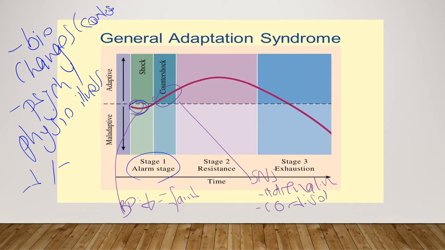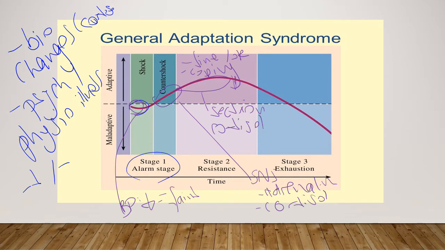In resistance, this is where we are dealing with a stressor, and so we are fine. We are coping. We are okay, all right? But only up until like a certain point, as we can see here. Now, in resistance, we are coping, so we are above the line of resistance. Here, there is a continued secretion of cortisol, okay?